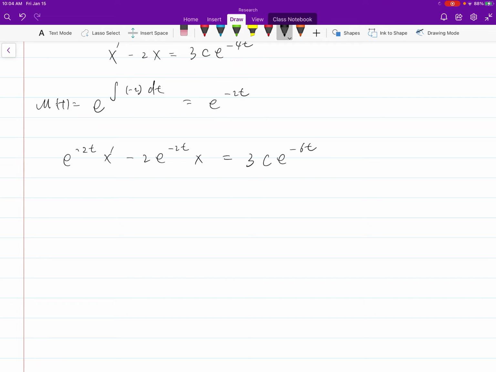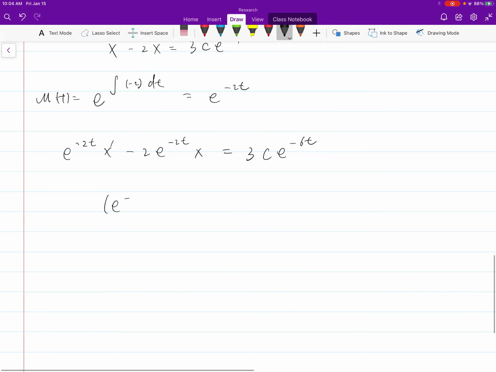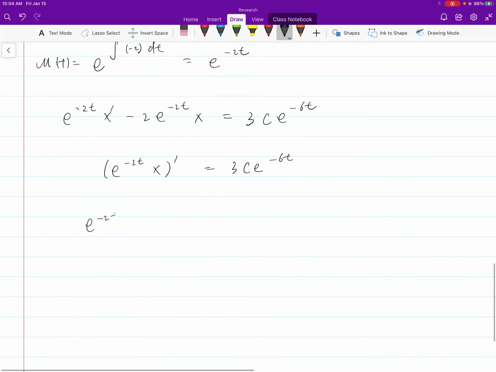You combine -4t and -2t together. Check your work: the first gives you x prime, the second gives you the derivative of this, which is -2 times itself. Equals 3c e to the -6t.